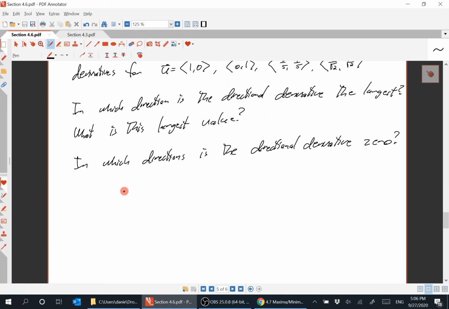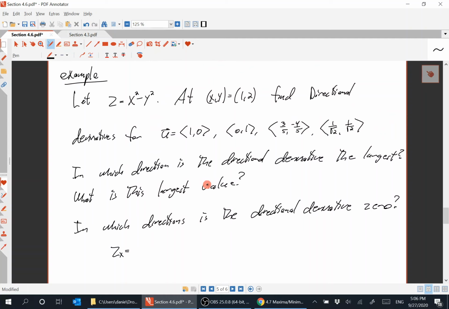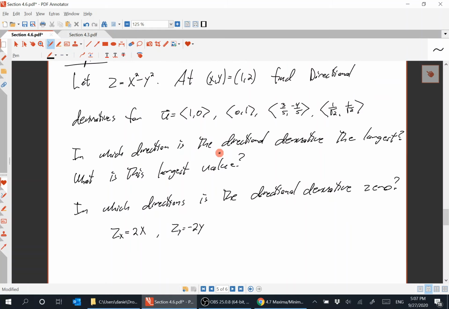So first of all, we calculate the gradient. The derivative of z with respect to x is 2x, and the derivative of z with respect to y is minus 2y. So you can calculate the gradient in terms of x and y, or you can calculate it for the specific point.